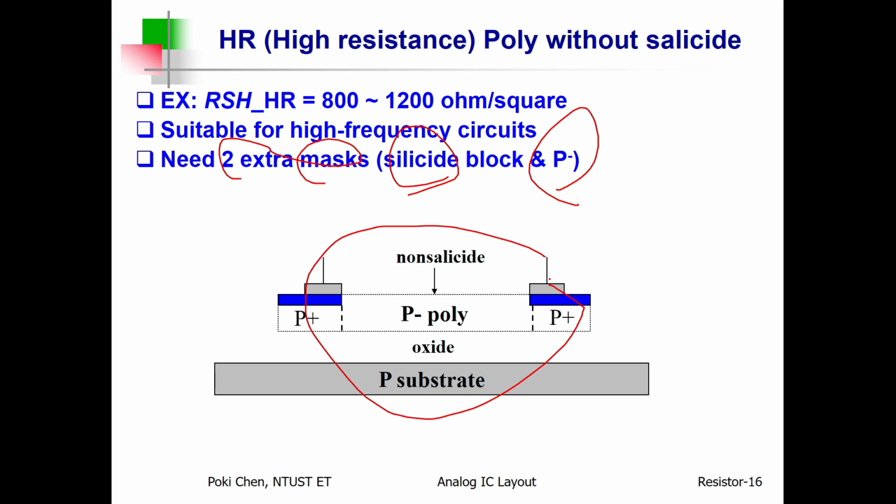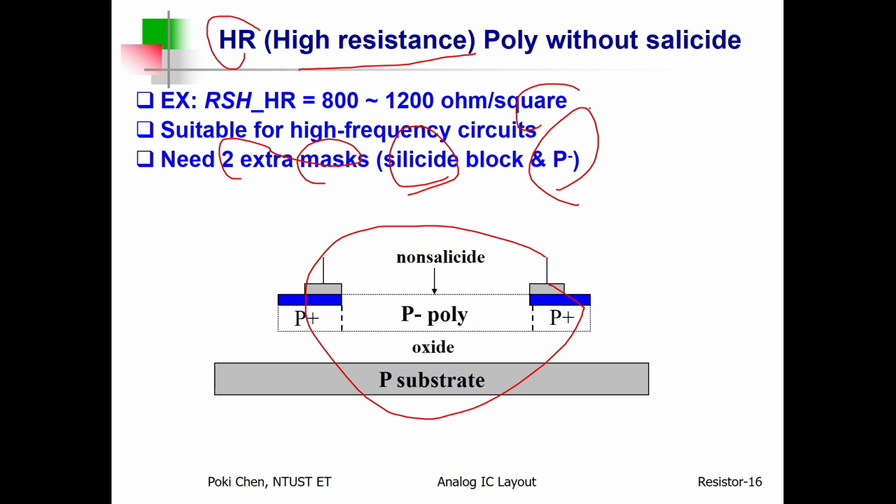Without silicide, without implantation or diffusion, bingo, you can achieve very high, almost the highest resistance among all those on-chip resistors. So we call it a high resistance resistor or HR polyresistor. Okay, HR means high resistance.